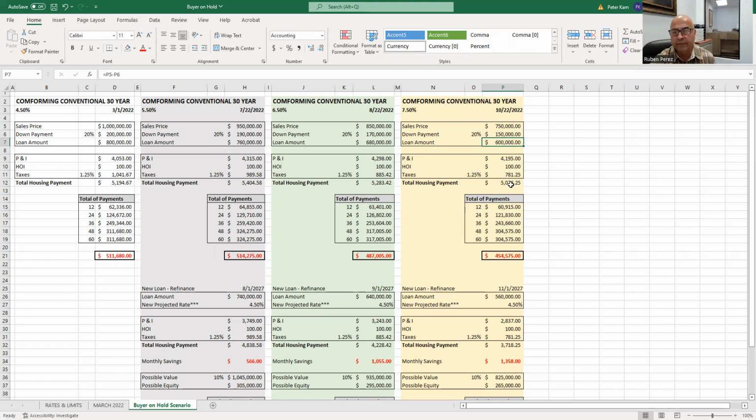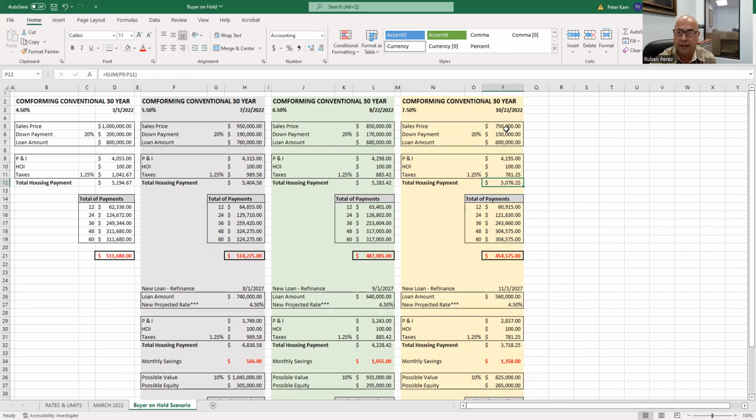Their payment's going to be $5,000. So from March at a 5,200 to right now they're paying 54, and then at 6.5 they'd be paying 52, and at 7.5, which is where we're headed, they're going to be paying $5,000.